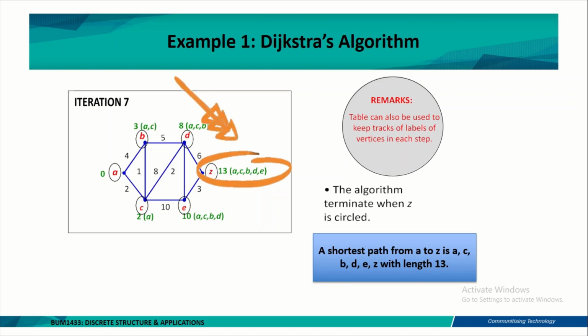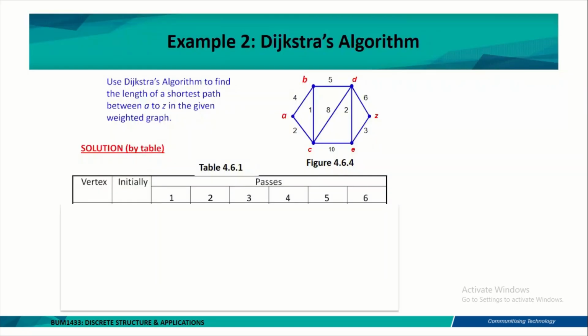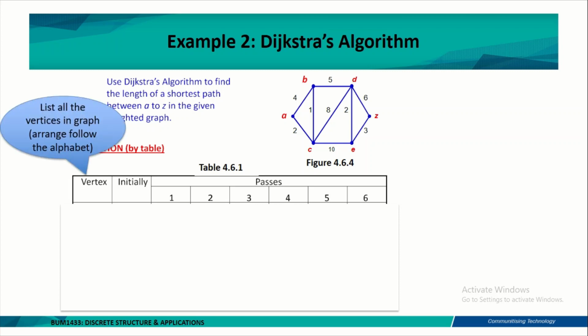There is another method in the Dijkstra algorithm, which is by using a table. Let's see the Dijkstra algorithm by using a table. We have the same question, so we need to solve it using a table. We have 3 columns here, and the first column is the vertex. In the vertex column, we list all the vertices in the graph.